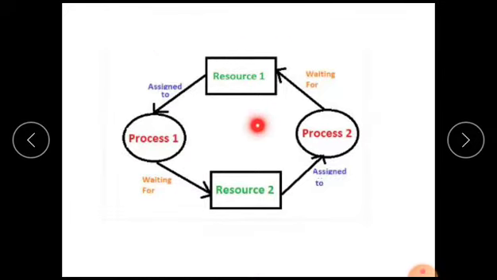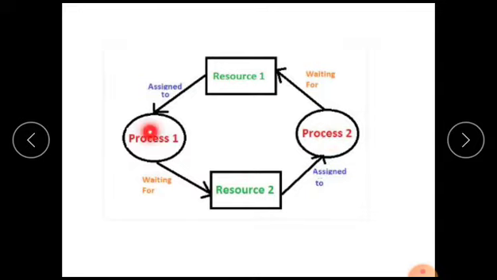Here there are two processes, process 1 and process 2, and two resources, resource 1 and resource 2, where resource 1 is assigned to process 1, meaning it is acquired by process 1, and resource 2 is assigned to process 2.